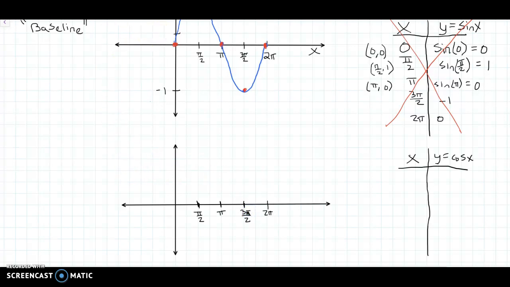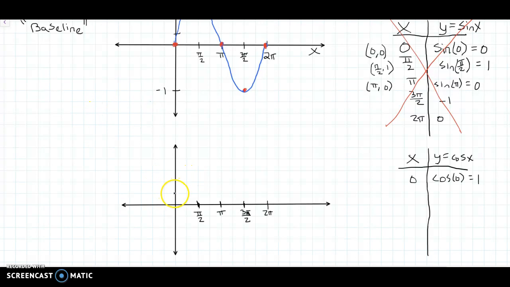And you'll remember what cosine looks like after I do this one time. So once again, let's put in 0 and evaluate. Cosine of 0 is 1. So my very first point is up on the y-axis at 1.